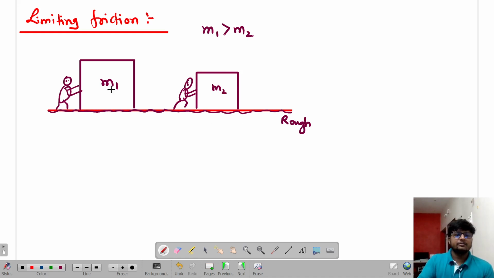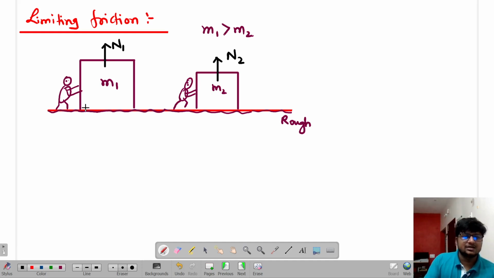So here, basically, we don't measure which body will move based on mass. Actually, the measurement is done by normal reactions. As we can see, the normal reaction N1 is greater than N2. So for N1, I require maximum pushing force, and for N2, I require less pushing force. Do you get me or not?